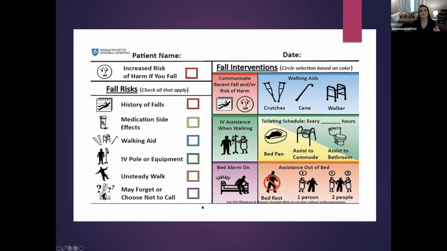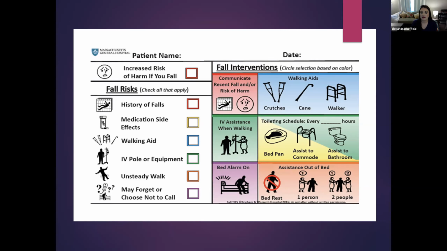And this is just a visual representation of a tool that facilities can use. What's great about this is you have a very quick visual representation of individual patient risk factors. So you can look at this and immediately say, oh, they have a previous fall, so I'm going to be extra aware of this.